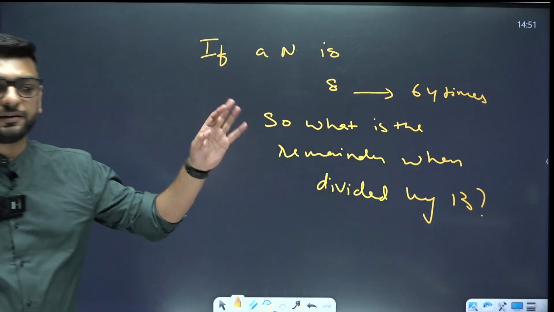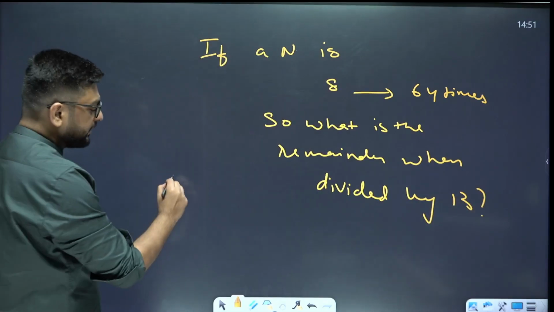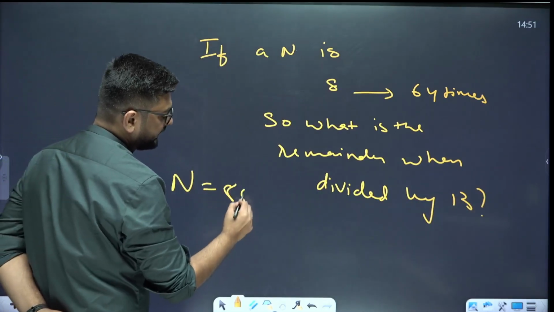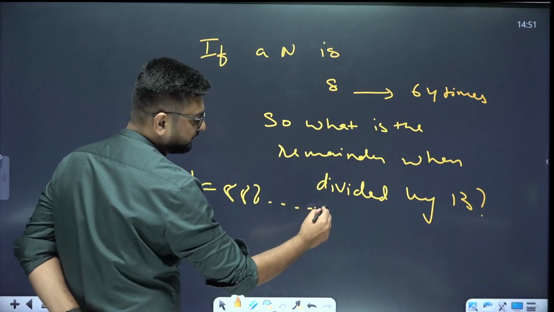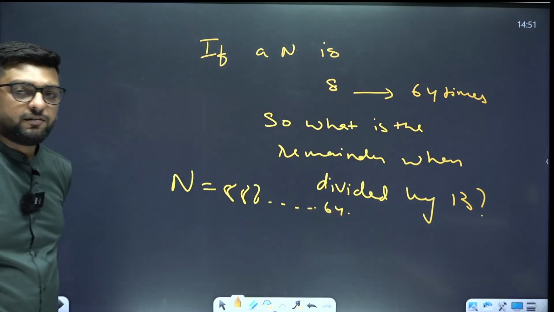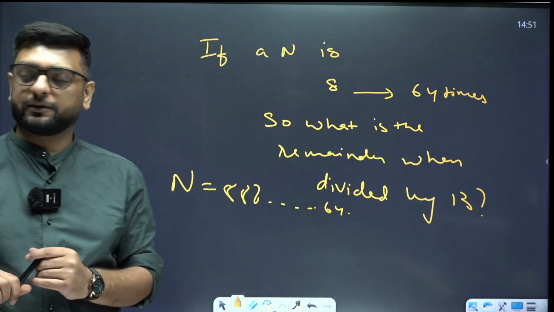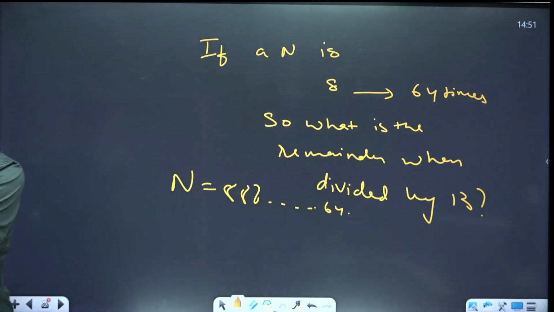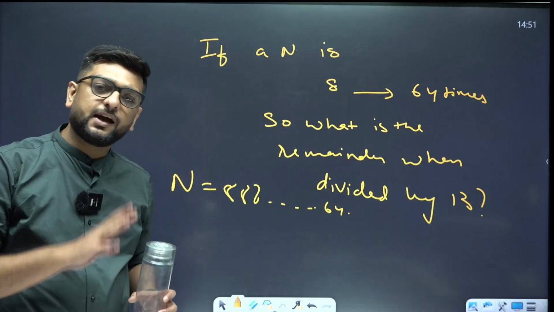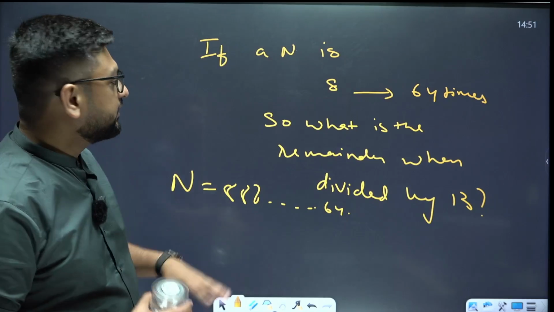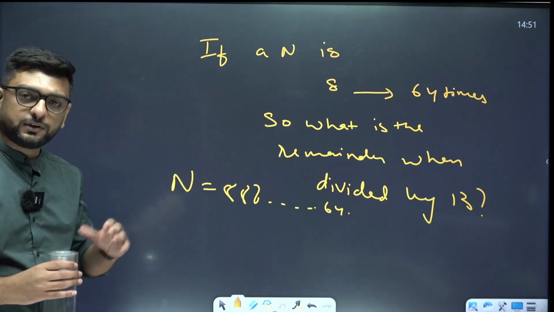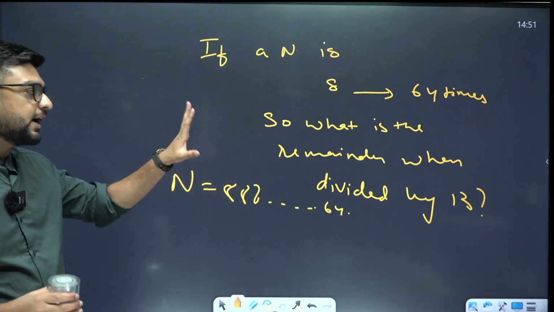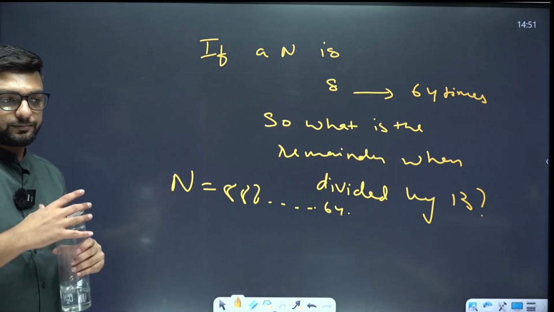If a number n can be written as 8, 8, 8, 64 times, when I divide it by 13, what will be my remainder? Why are we practicing this type of question? Because UPSC has asked this and we should be acquainted with it, so that we are prepared for the next level.